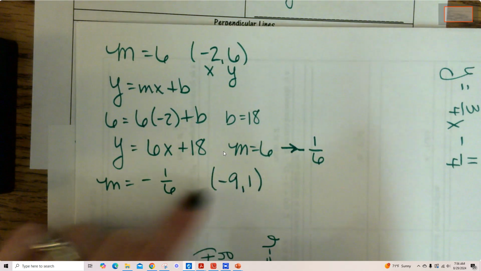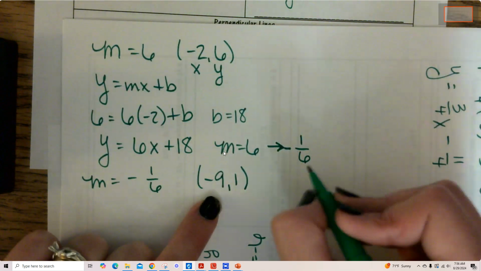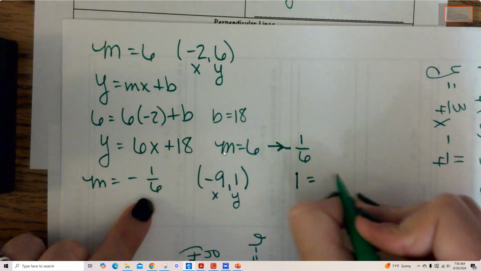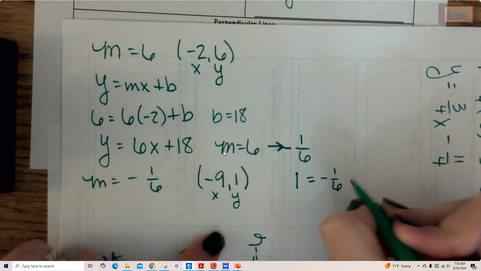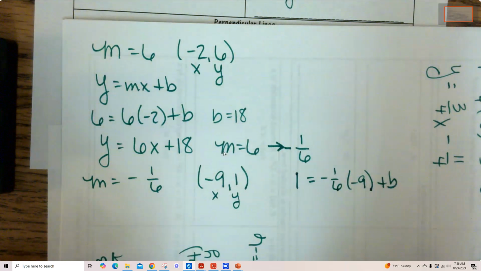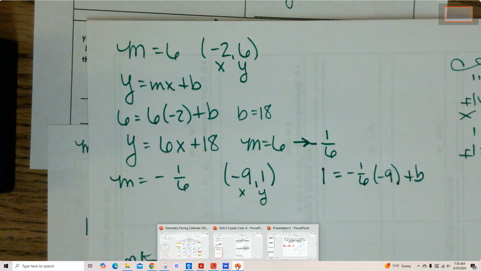Okay, so I can write my new line, x and y. So y equals the slope times x plus b. I've got to find my new y-intercept.